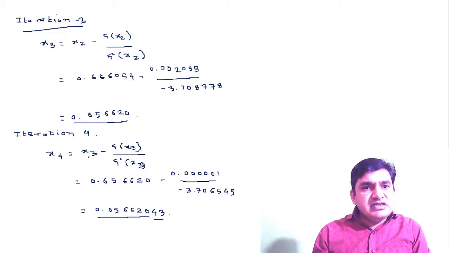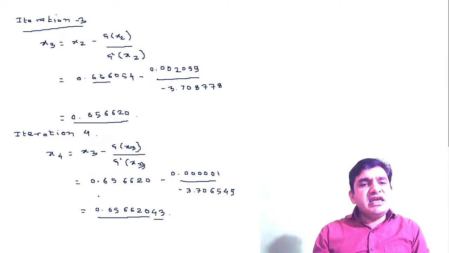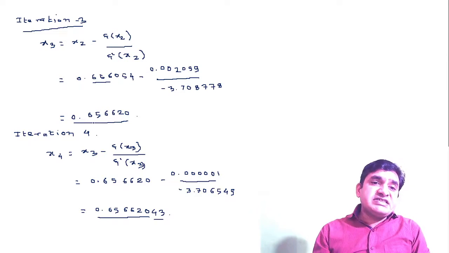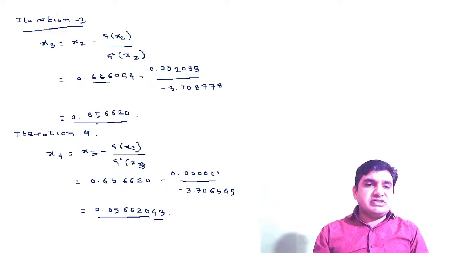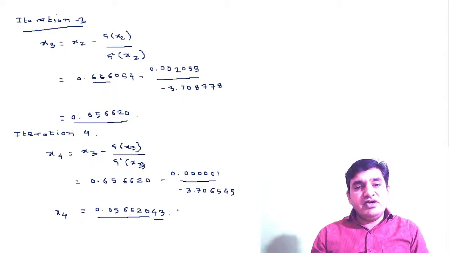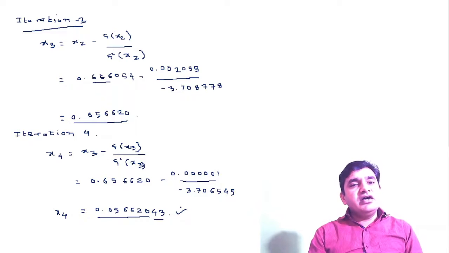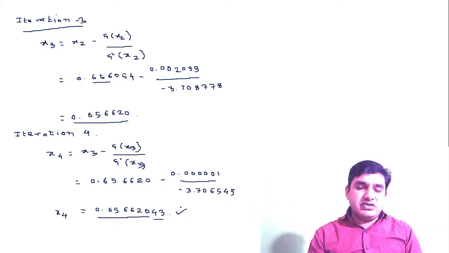If we consider the value of x2, then three digits, 656, are the same. For x3 and x4, six digits after the decimal point are the same, and therefore this x4 is the exact root of the given function.